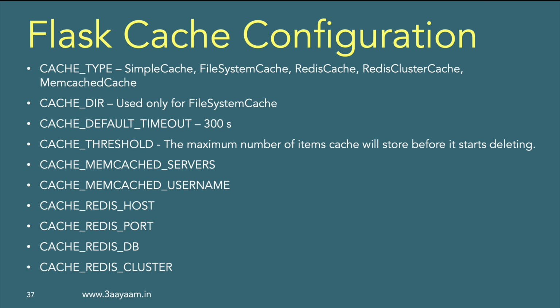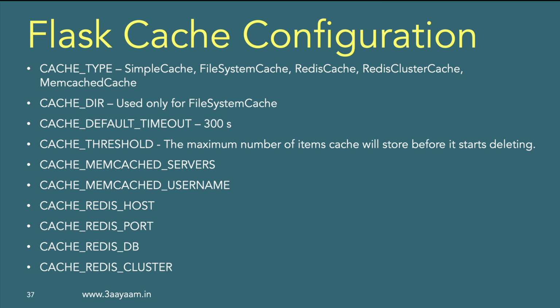Now in this case, a Redis database would be used to cache the application data, and the Redis database can be on the same machine as the application server, or it can be a remote server also. If you are using Redis or memcached for caching, most likely it would be a remote server, because you do not want to use a heavy duty caching layer in your application server.